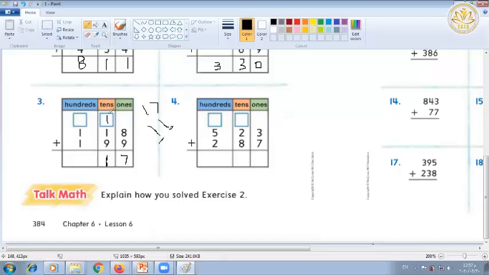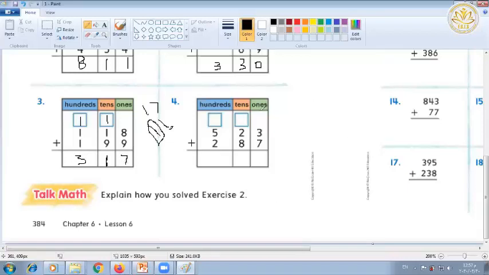I put the 1 ten with the tens, but the 10 tens will make a new 100. So we put it with the hundreds. 100 plus 100 equals 200, plus 1 equals 300. So the sum I have now is 317.